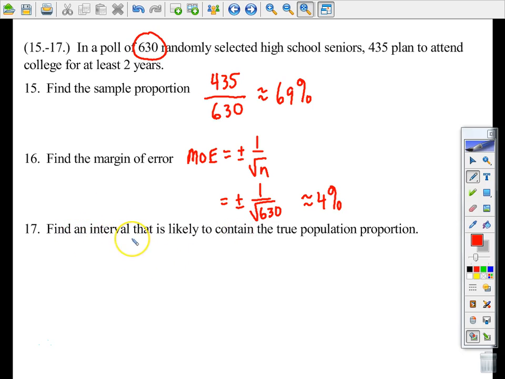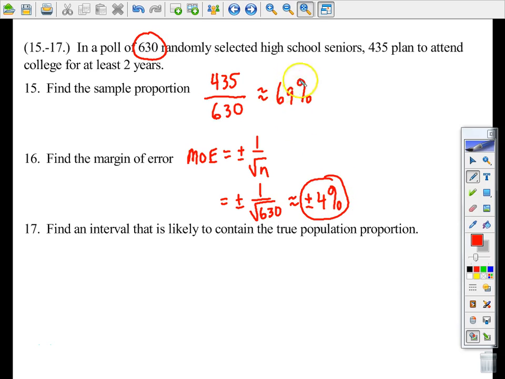So this interval, or you might think of the word range, is likely to contain the true population proportion. We think that 69%, based on our calculation, plan to attend college, but that doesn't account for a margin of error of plus minus. Ooh, almost forgot. Don't forget plus minus. Very important. This 69% doesn't account for the fact that since we didn't poll every single high school senior, we only did a sample, there's some error involved.